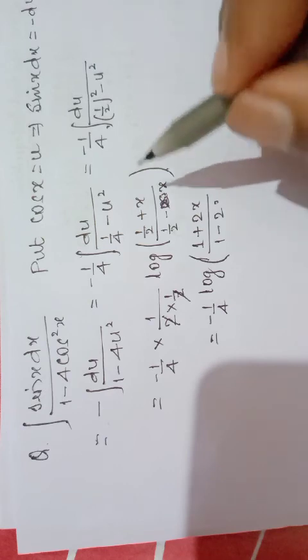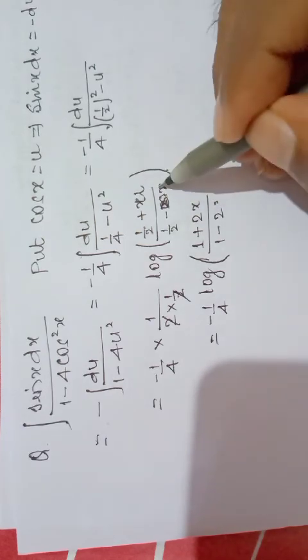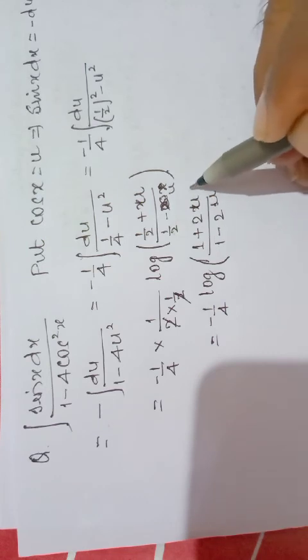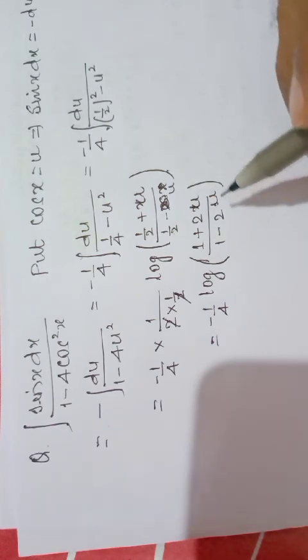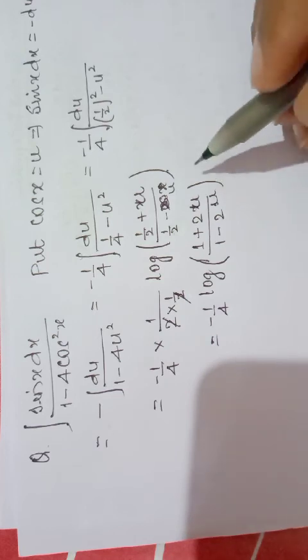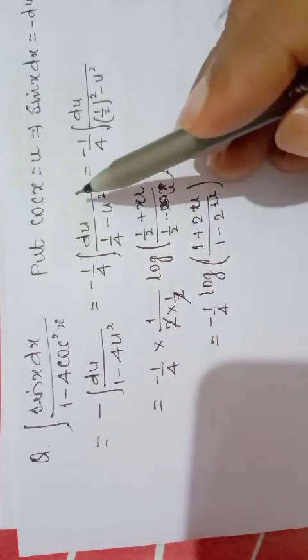We have 1 plus 2x divided by 1 minus 2x. Sorry, this is not x, these are u. I am extremely sorry. It is 1 plus 2u over 1 minus 2u. Now write down the value of u, which is cos x.